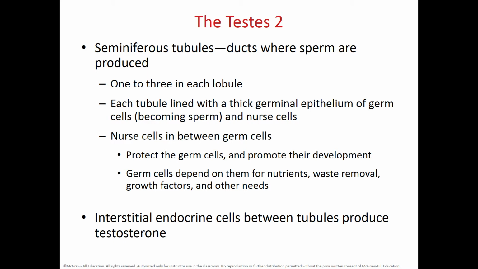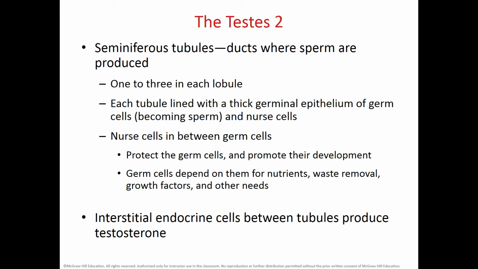Now, outside the seminiferous tubules, we also have a different type of cells called the interstitial cells. These interstitial cells are endocrine cells that produce testosterone, and this testosterone will act as a growth factor so that sperm cell development can happen.